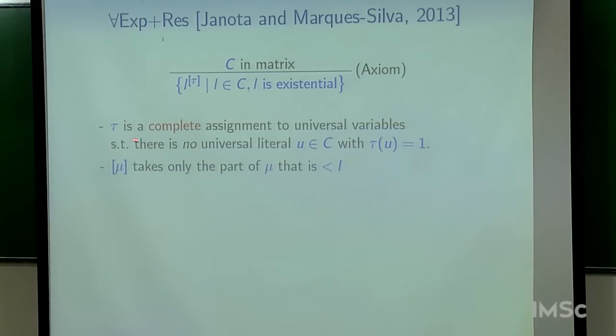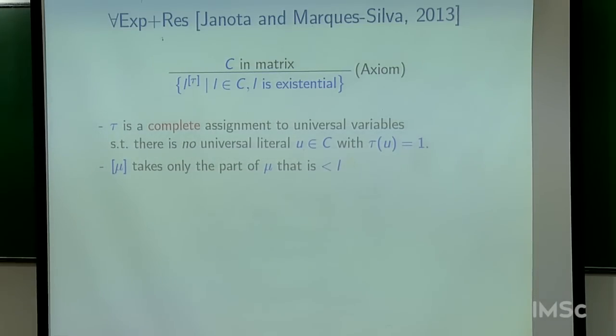So tau is this complete assignment, but this bracket notation means that for each literal, we only take the partial assignment on the universal variables that are to the left of it in the prefix.